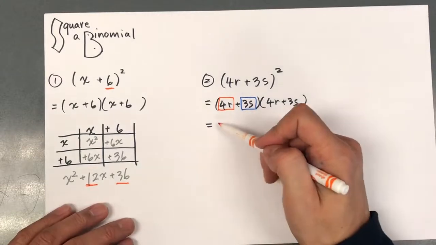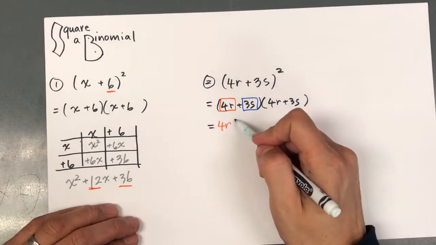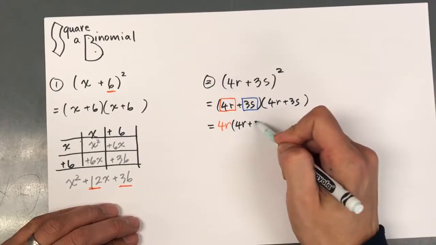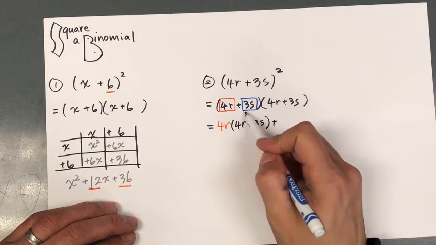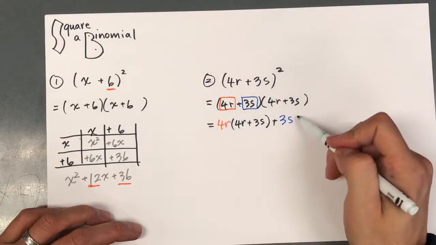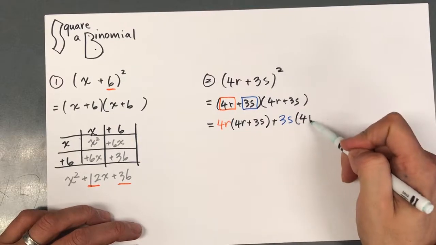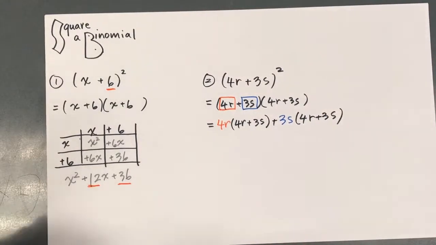So first, you set up 4r times (4r plus 3s) plus, you're going to multiply this one times the parentheses on the right. Now let's expand that.